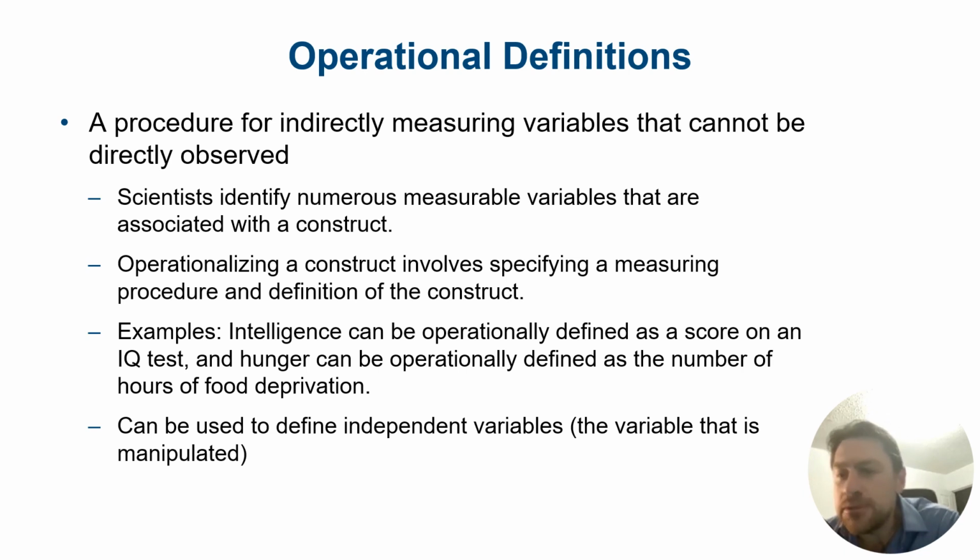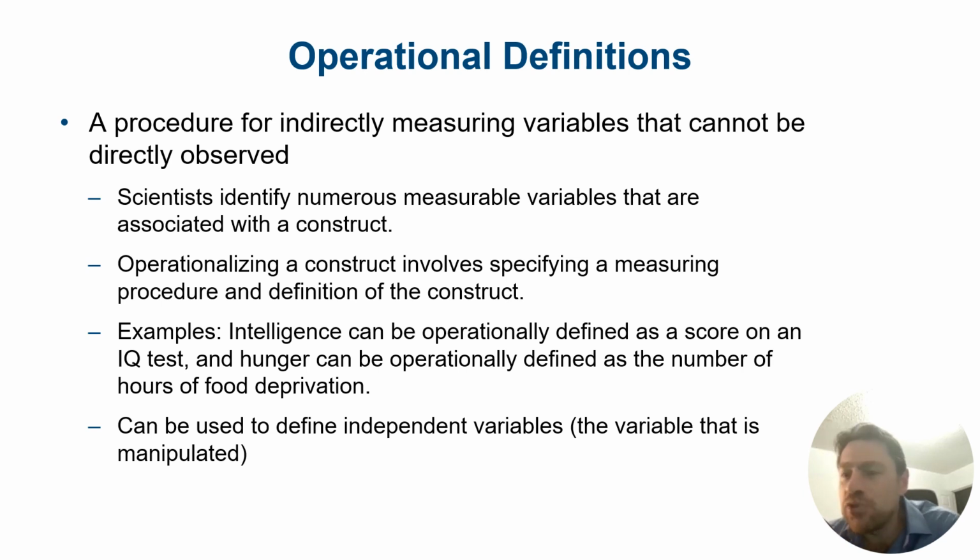Okay, other examples. Intelligence can be operationalized as performance on an IQ test. Or, for example, let's say you're measuring hunger. Maybe you want to know whether hunger makes rats more aggressive. So in that case, you might operationalize hunger as the number of hours that have elapsed since the animal has eaten.